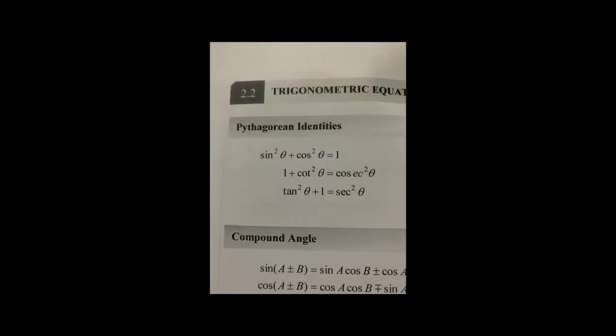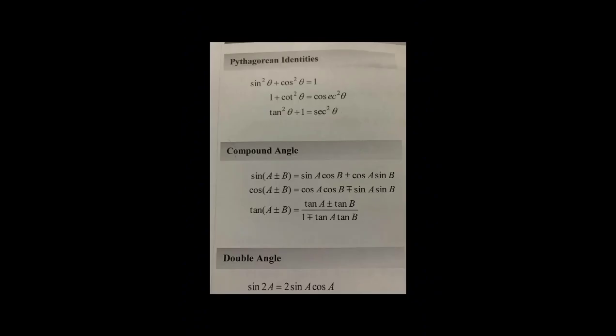The first formula is the Pythagorean identities. The second formula is the compound angle, like this. And the last formula is the double angle.